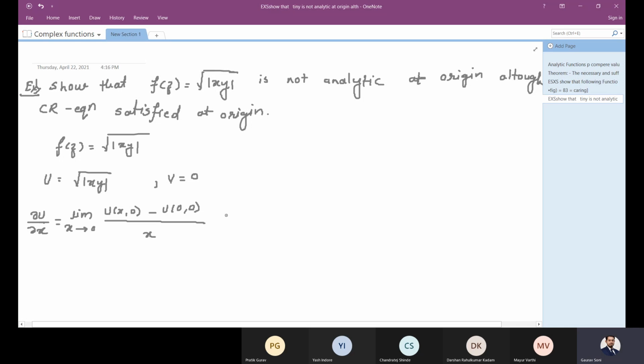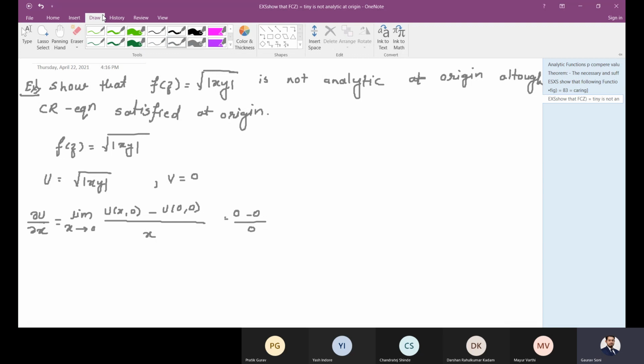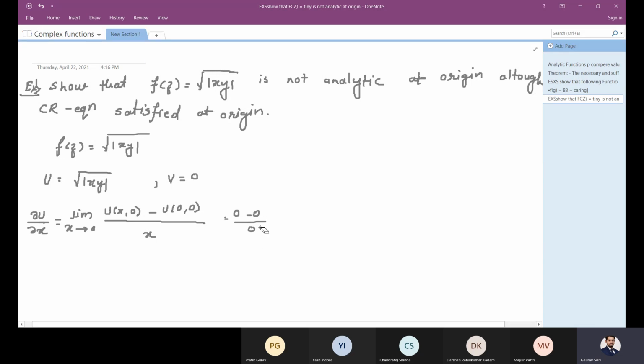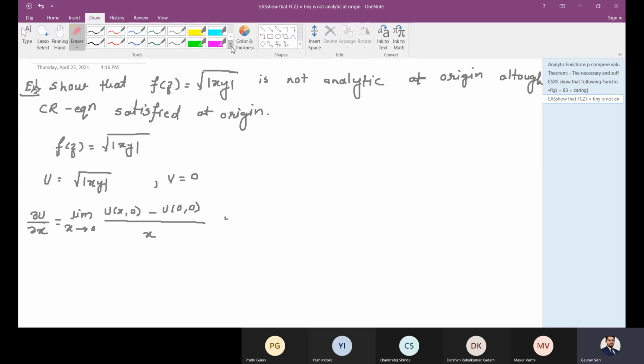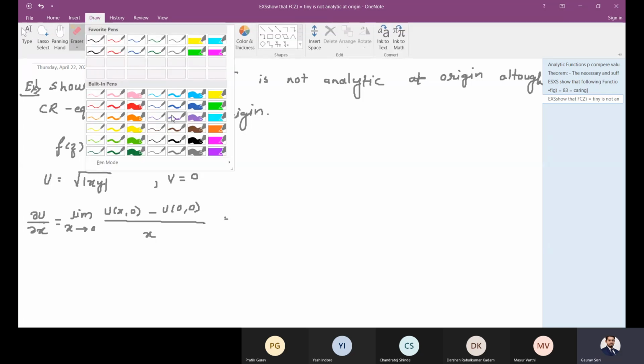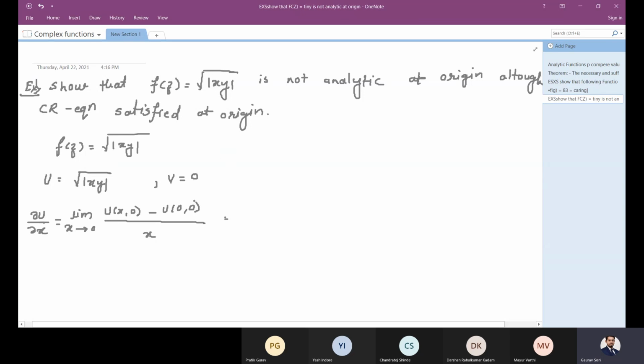If you put y equal to 0, what do you get? 0 minus 0 upon 0. This is actually, I shouldn't write this. This is a wrong way of interpreting this. X is tending to 0, the denominator is not exactly 0. So what we will do here is I'll write it down directly as answer 0.